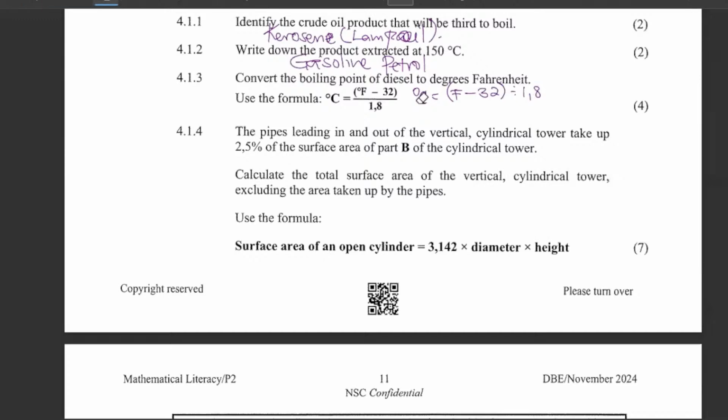Or the easiest way to do it: since there's a denominator, this denominator has to jump over the side. So it will be C times 1.8 giving me the Fahrenheit minus 32. I already have the degrees Celsius for diesel.